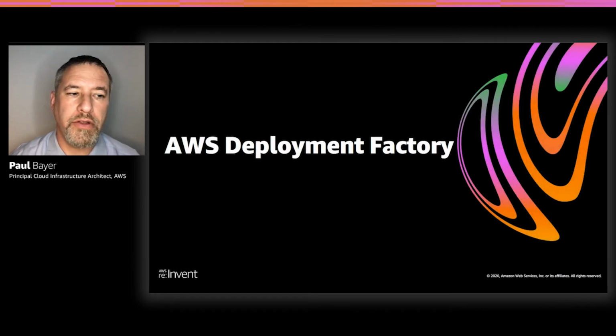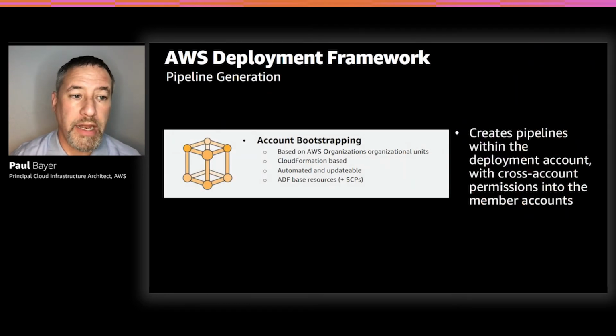The next tool we're going to talk about is the AWS Deployment Framework. And again, this is a third-party tool. It has two pieces as well. The first part is account bootstrapping, where it creates the deployment and the developer account.